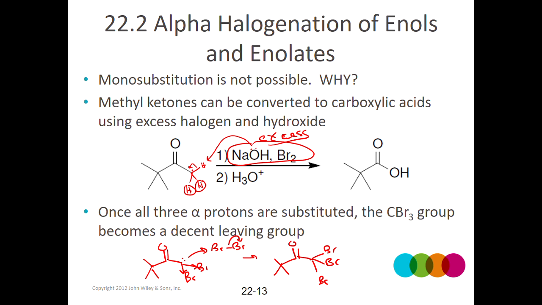If the group that's alpha to the CO double bond is a methyl specifically, which this one is, and only if it's a methyl, then you'll have 3 alpha protons, and if each one is picked off one at a time and replaced with the bromine through this mechanism, or an iodine, or a chlorine, now you have 3 really pretty electronegative atoms pulling a lot of electron density away from here.